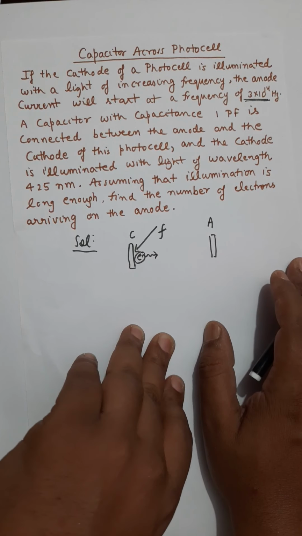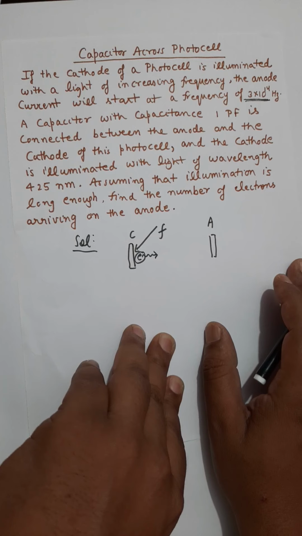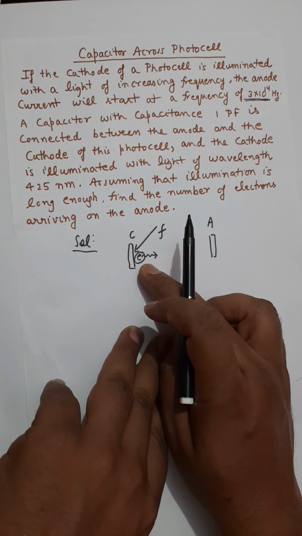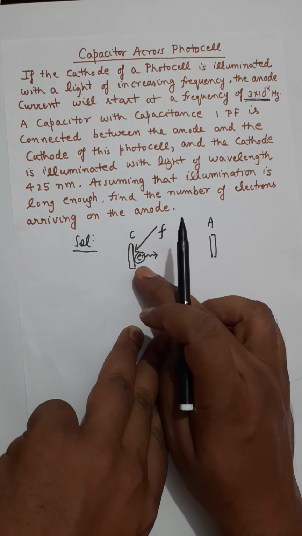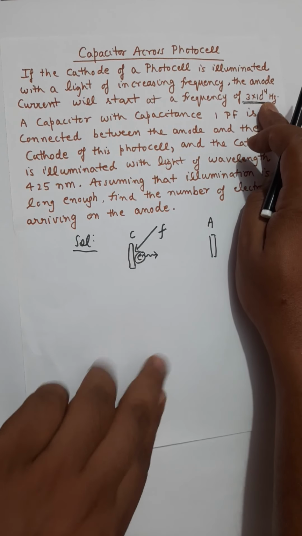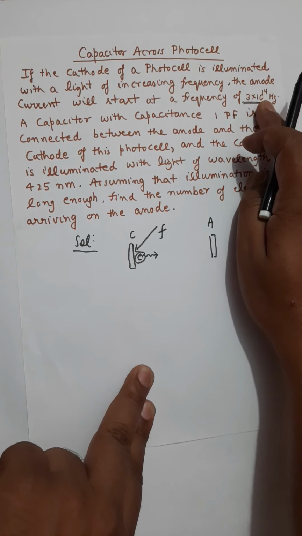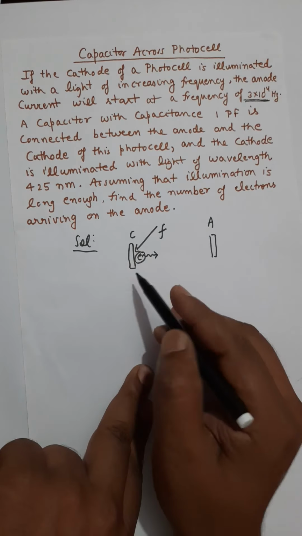It means this frequency, 3 into 10 to the power 14 hertz, is the frequency after which emission of electron from the cathode starts, and therefore this frequency must be the threshold frequency, and it can be used to find work function of cathode.